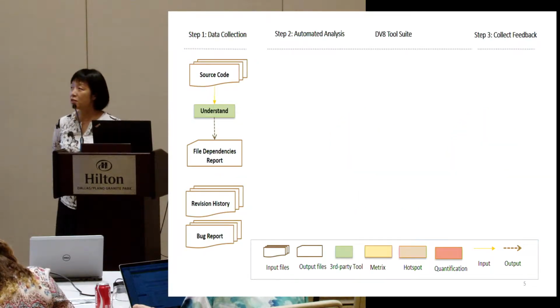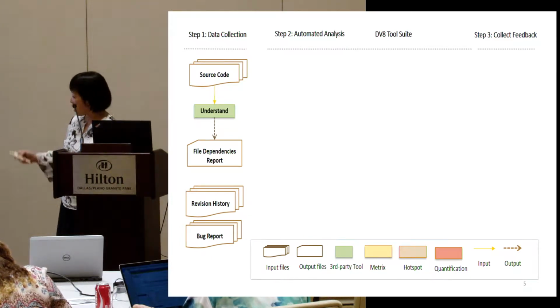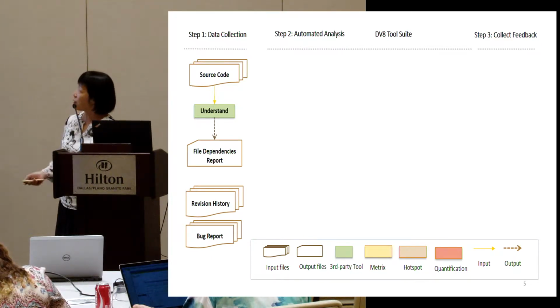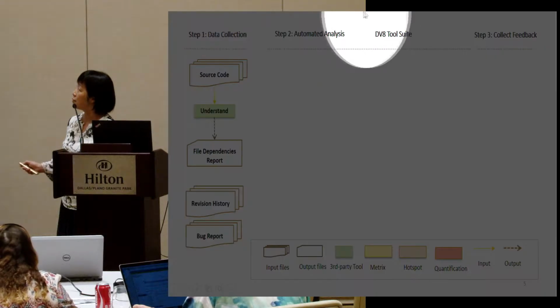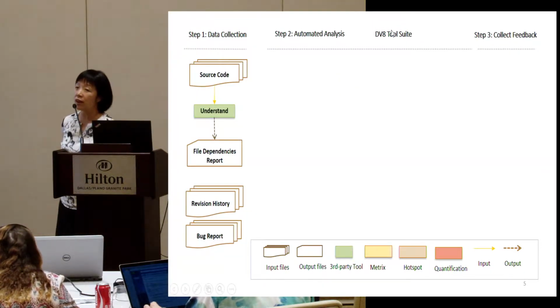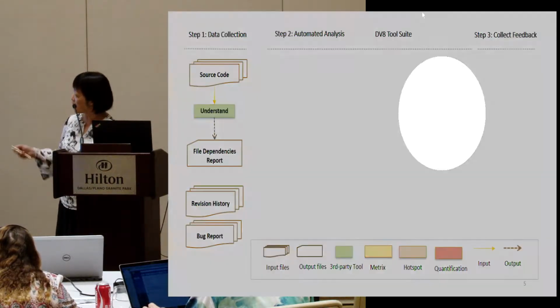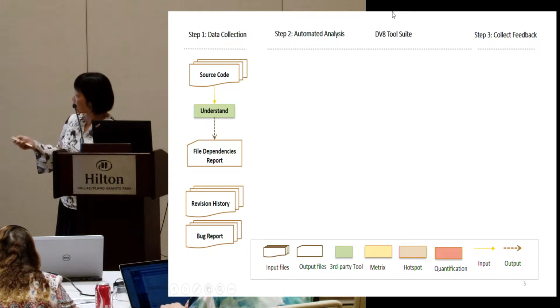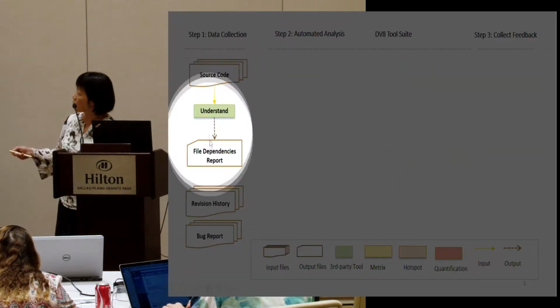Okay, this is a closer look at our tool chain. Our original tool, we call Titan, and we have now developed Titan into a new tool suite we call DV8. These are the inputs that DV8 accepts.